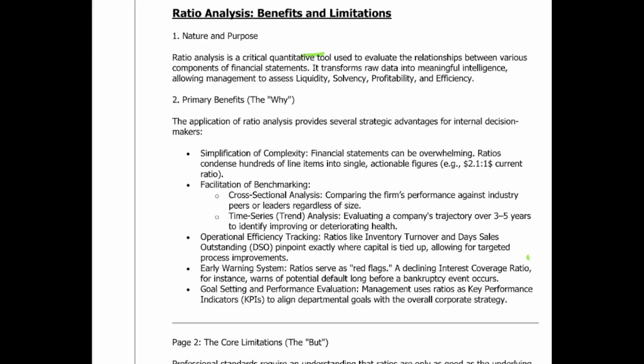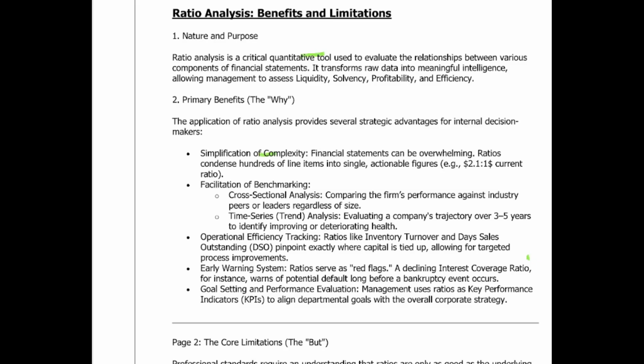It allows management to transform data into meaningful insights and take various decisions, assessing the company's liquidity position, solvency position, profitability, and efficiency. The first primary benefit of ratio analysis is the simplification of complexity. Financial statements can be overwhelming. A ratio condenses hundreds of line items into a single actionable figure, like a current ratio of 2.1 or 2.